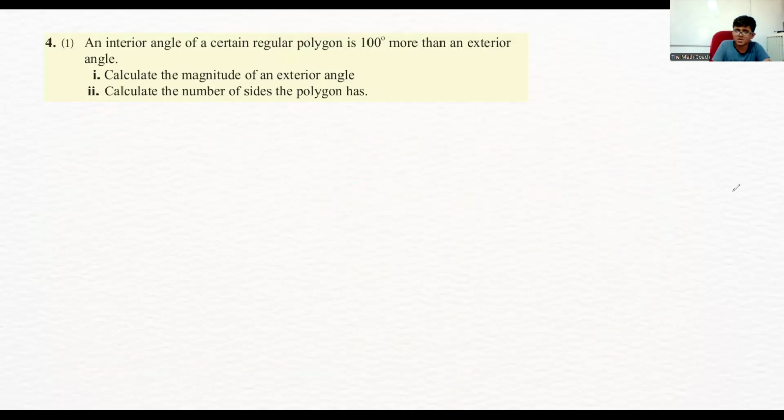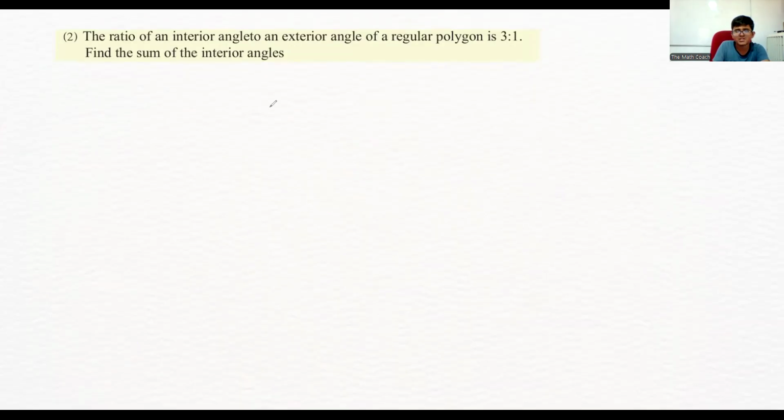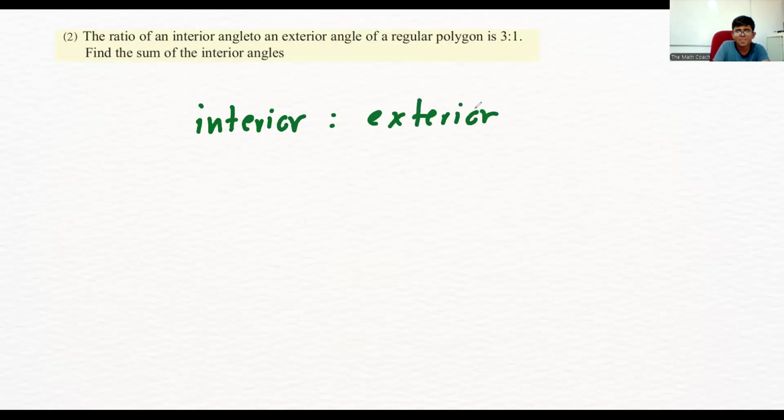The next question says that the ratio of an interior angle to an exterior angle of a regular polygon is 3:1. What do you mean by 3:1? The ratio means interior to exterior is 3:1.